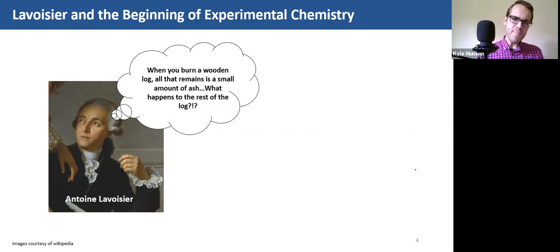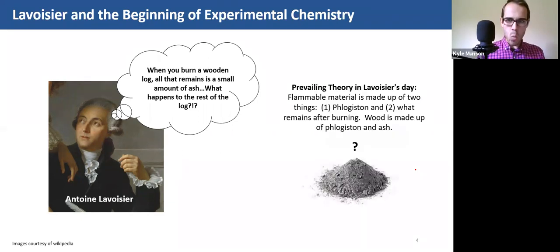There were a few different ways that people would try to answer this question throughout history. And the reigning theory in his day was that all flammable materials are made up of two things: a mysterious substance called phlogiston, and what remains after burning. In other words, that these materials are made up of phlogiston and ash.